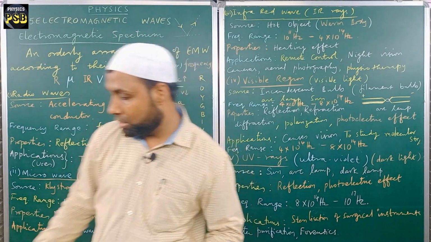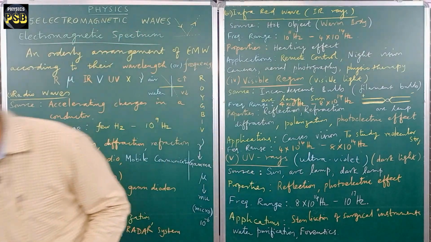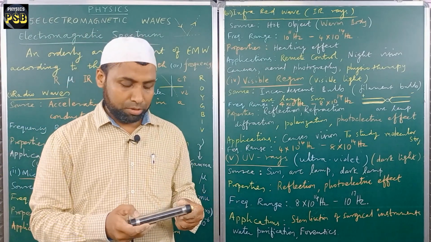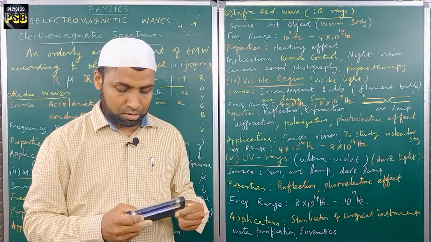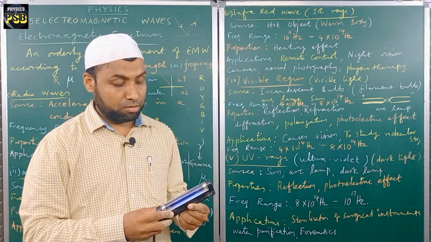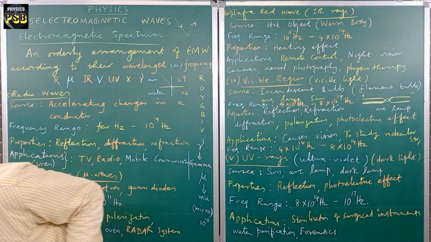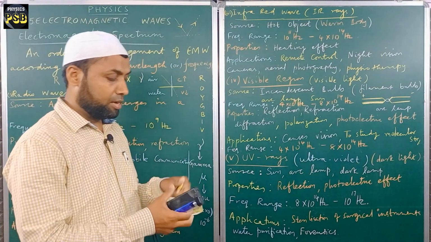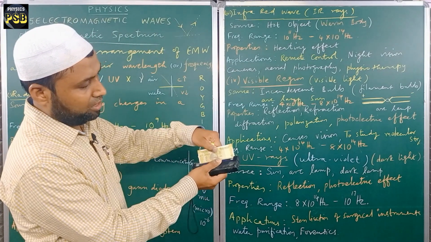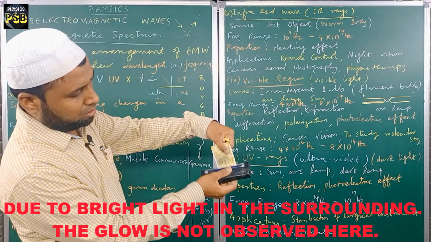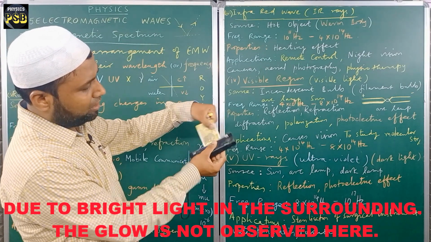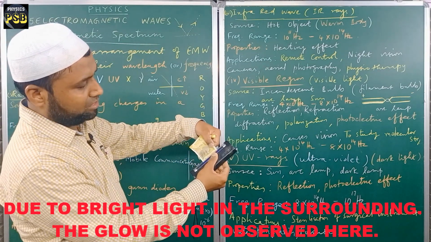Like here I have a lamp. This is called a black lamp. I turn this on. It emits UV rays. Okay. Now when it is made to fall on a currency bill, here I have a currency bill, you can see the portion on which it falls glows with green light.